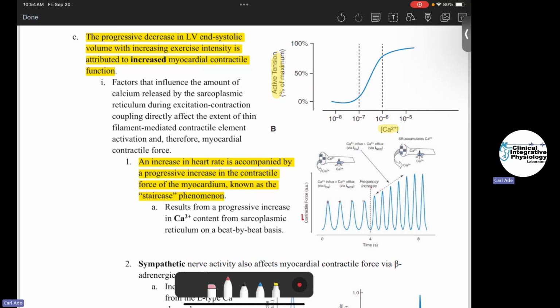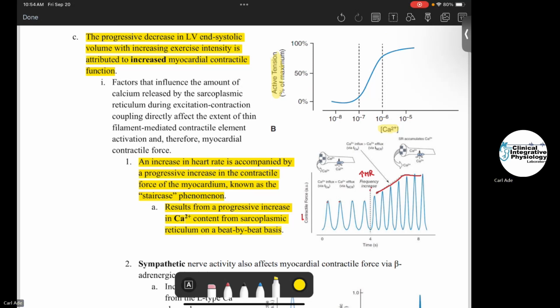If we increase heart rate, this dotted line here, as this heart rate increases, muscle contractile force increases to a new steady state. And this is due to a transient imbalance in cellular calcium influx.